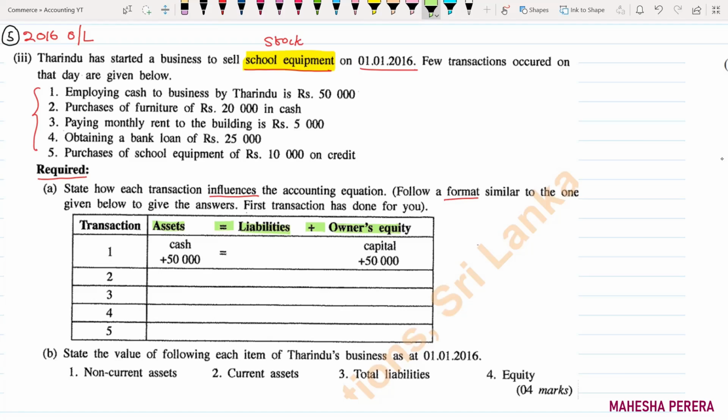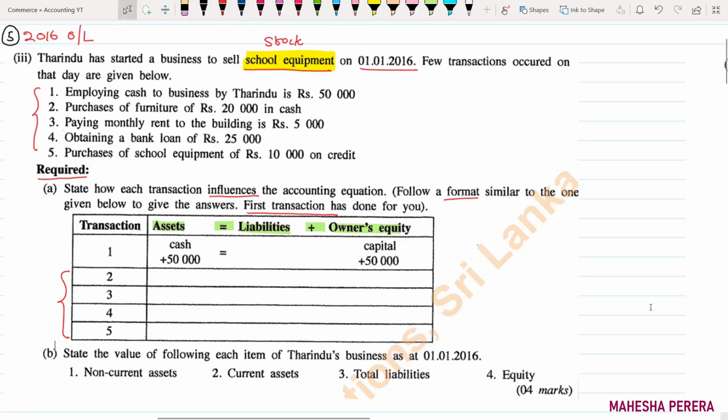So the first thing that you do is you need to copy this table into your answer sheet. Right? Then it says first transaction has done for you. Right? First one is done. So we need to fill the rest. Right? Transaction 2, 3, 4, and 5. Right.